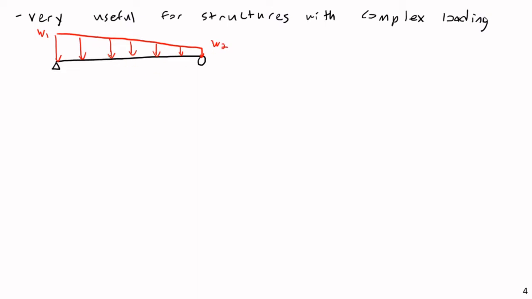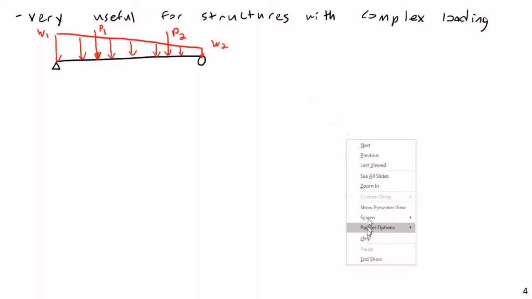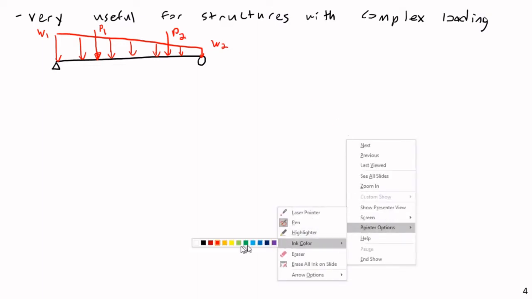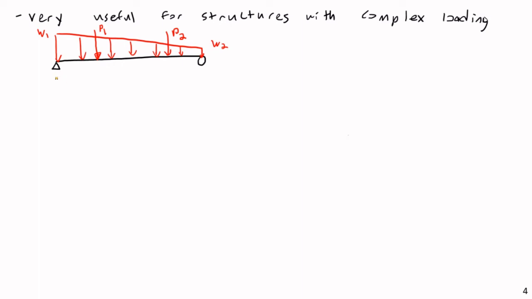Oh, and then let's just keep making this more and more fun. Let's say there is a P1 at this point here, and a P2 here. And maybe these are distances x1 and x2.